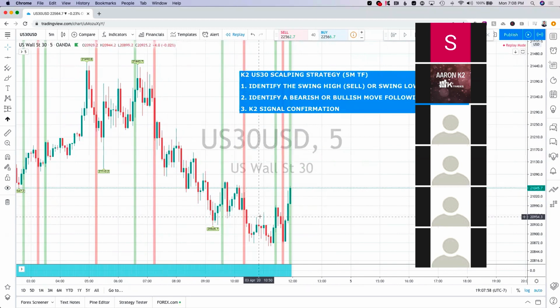As you get down here, you can see the swing high, the swing low, swing high, swing low, swing high, and then this would be the swing low right here.